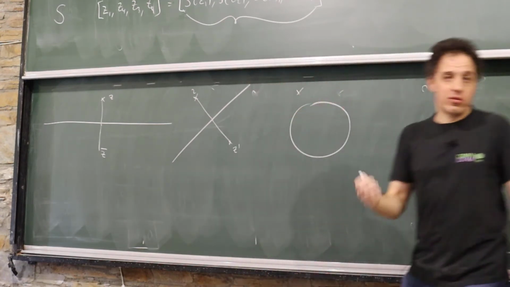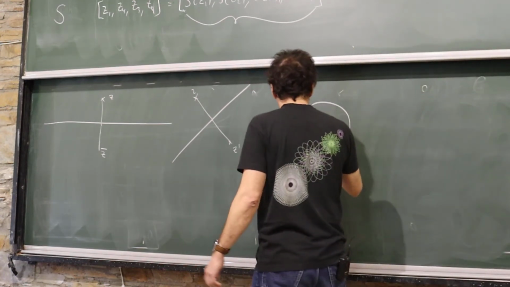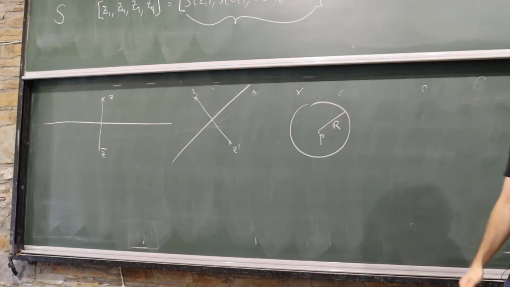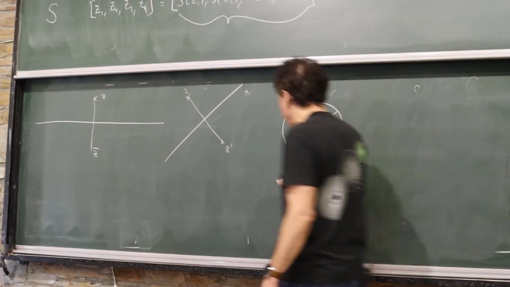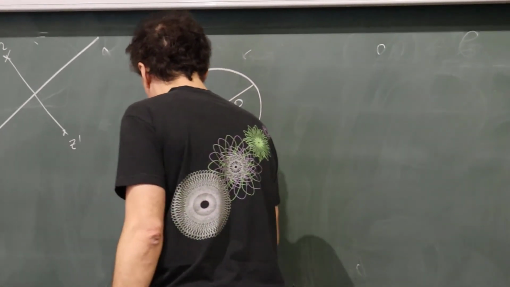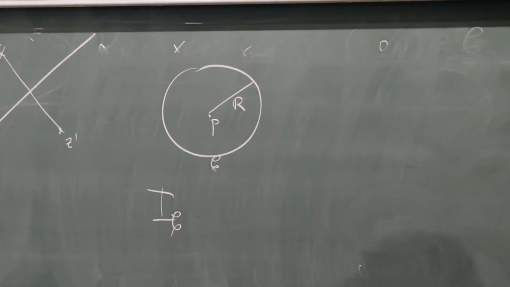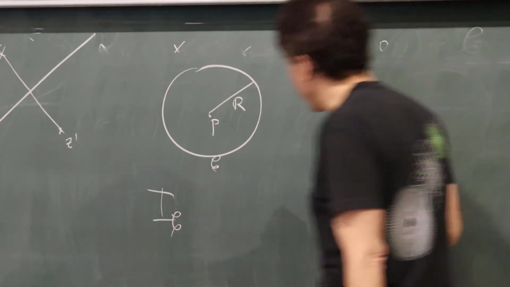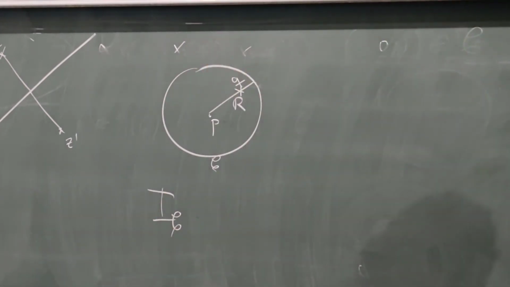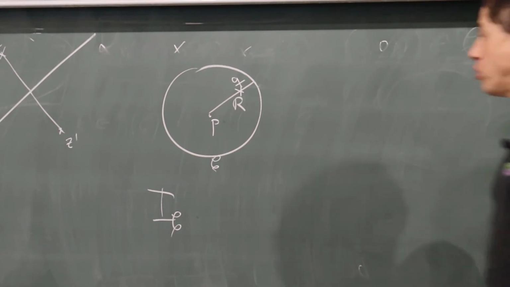If you take a circle, a traditional circle, let's say with center P and radius R, there is a well-known geometric transformation called inversion with respect to a circle, that is defined as follows. This is quite geometrical. Take a point Q here, any point, for instance on the circle, or inside, or in the exterior, it's the same.